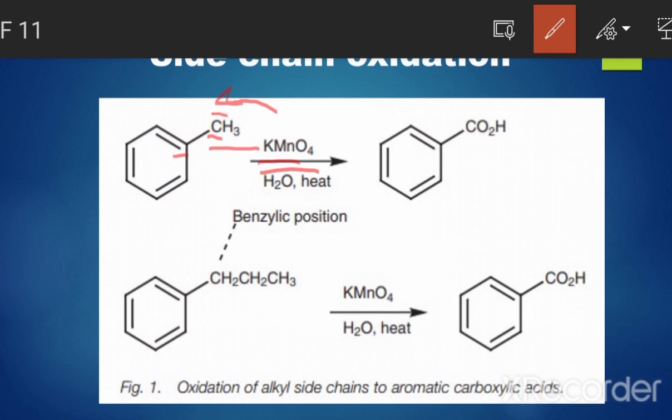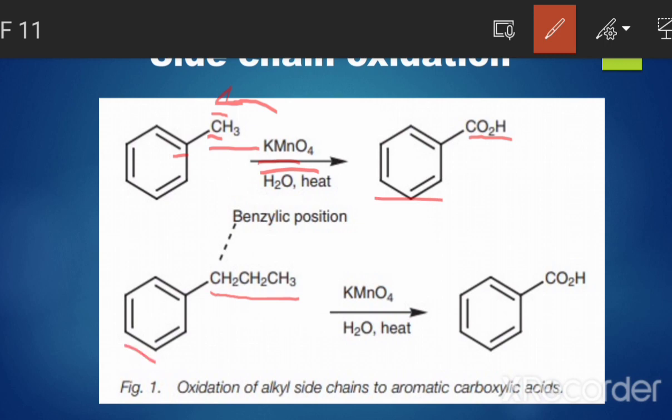So this is the final product, that is benzoic acid, sorry, carboxylic acid, and the other is a chain that is attached to the benzene ring.